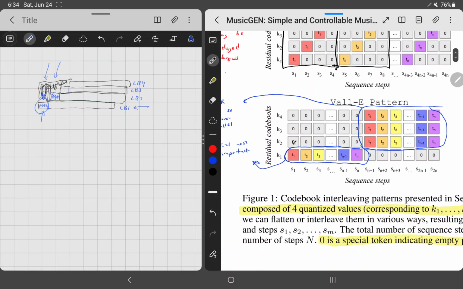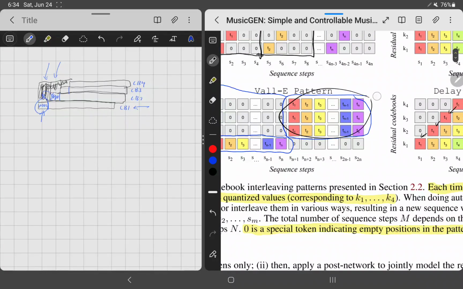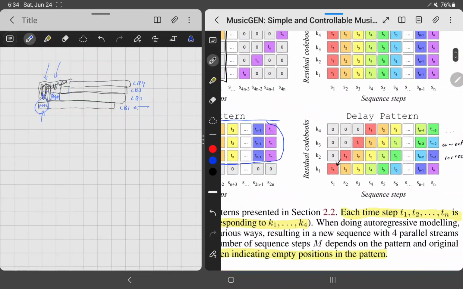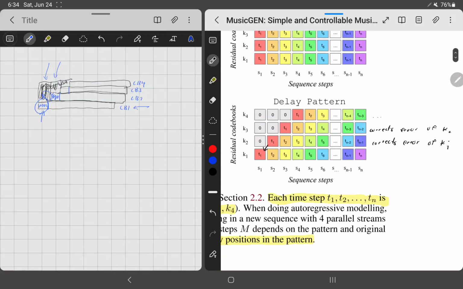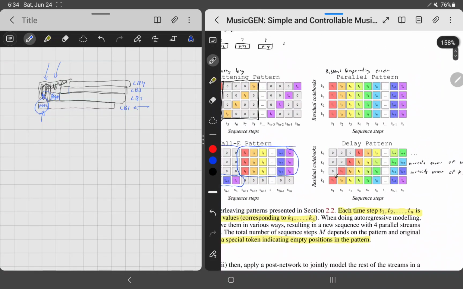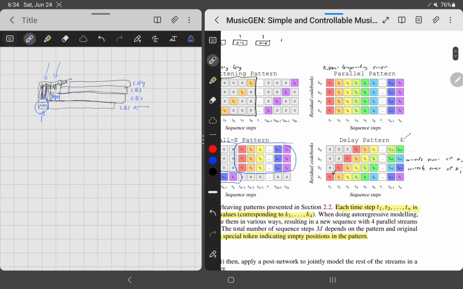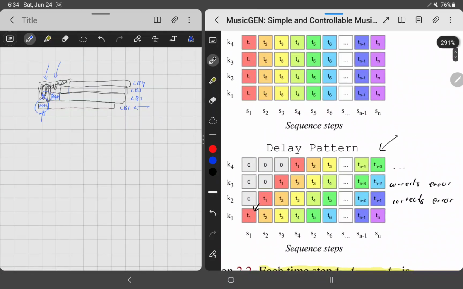So you model the most important codebook independently, and then you model the other codebooks together. And the authors are like, well, maybe we can do a little bit better. And in this case, this is what they find works really well, where it's both compact, so it doesn't take forever to generate, but it also isn't stacked, so the codebooks can actually model each other's errors.